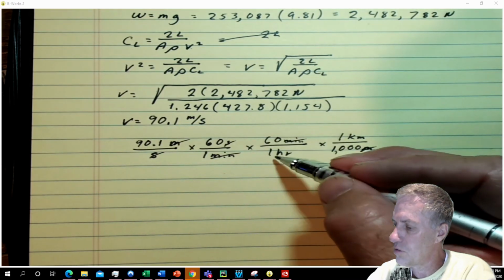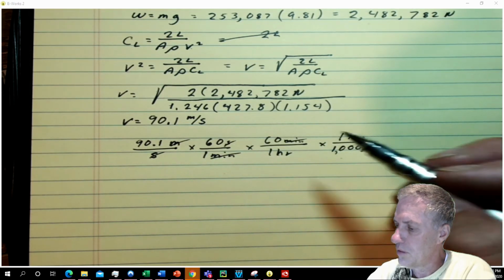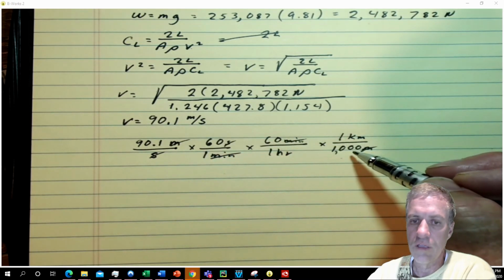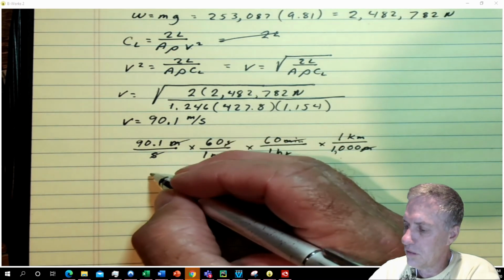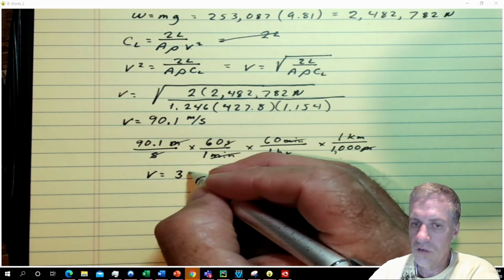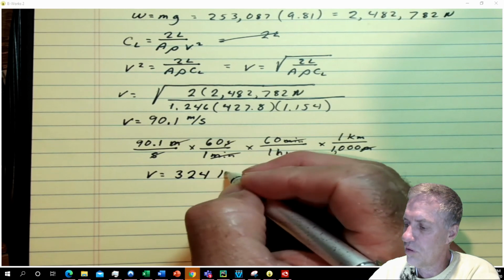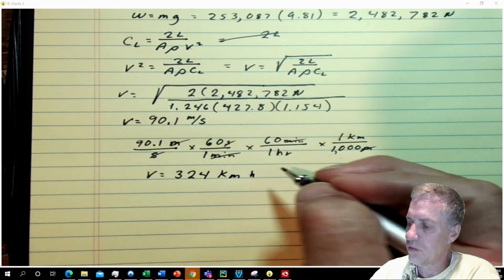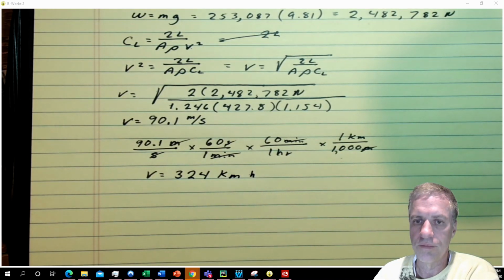And we're left with kilometers per hour. So we multiply 90 times 60 times 60, divide that by 1,000, and come out with approximately 324 kilometers per hour.